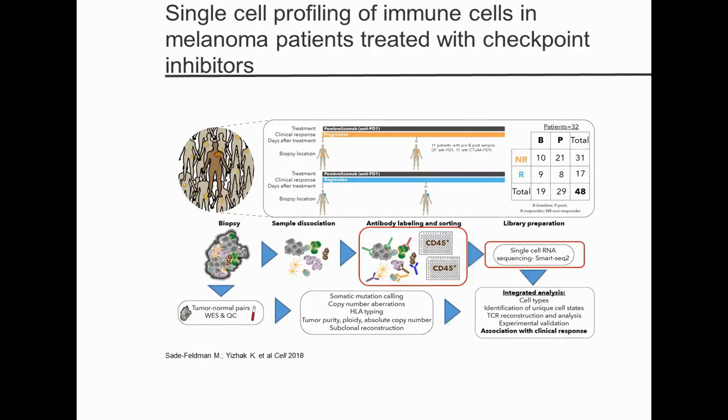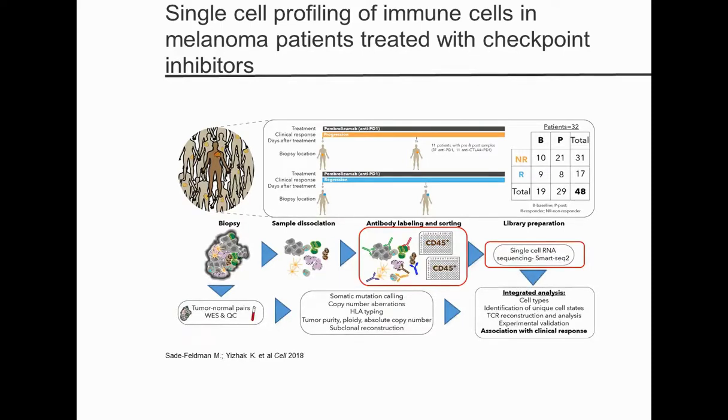As I mentioned, some of the patients that are treated with checkpoint therapy respond, but the majority of patients do not respond, and our major question was why some patients respond to therapy and why some do not. We decided to focus on melanoma, and the approach that we applied was single-cell RNA sequencing.